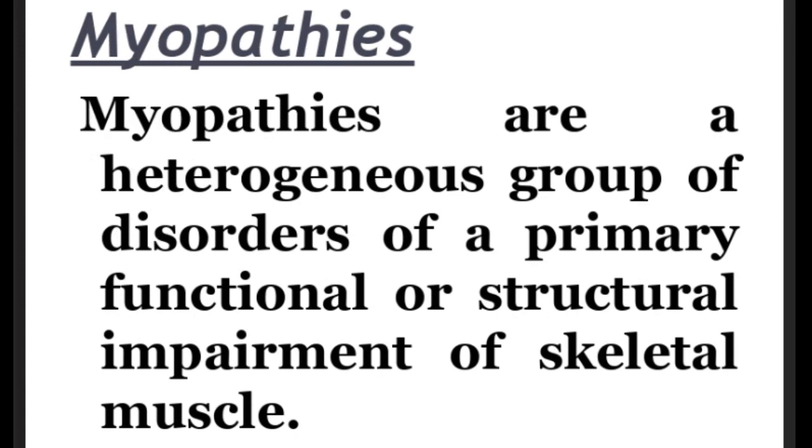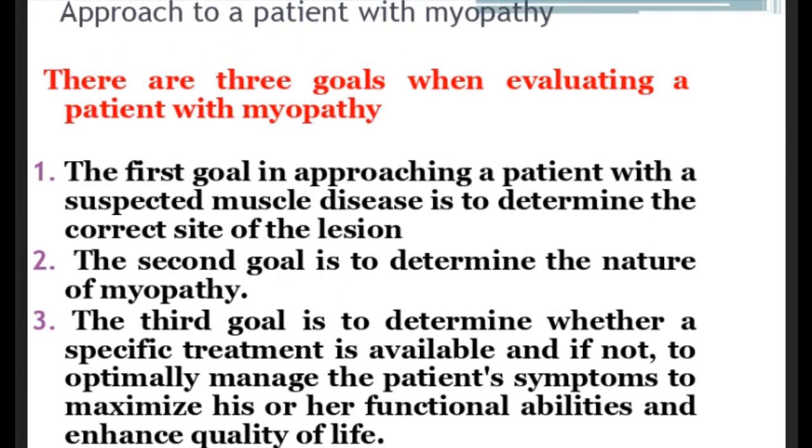Now, myopathies are a heterogeneous group of disorders of primary functional or structural impairment of skeletal muscle. The approach to a patient with myopathy: there are 3 goals when evaluating a patient with myopathy. The first goal in approaching a patient with suspected muscle disease is to determine the correct site of lesion.